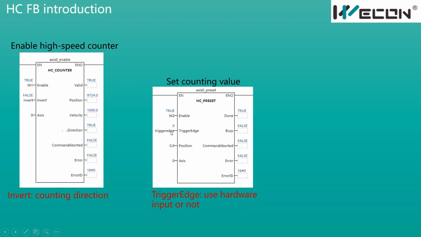If we set this one as 1, then we will use hardware to do the preset action. And if you set it as 0, then when we enable this function block, the counting value will be set as this position directly.